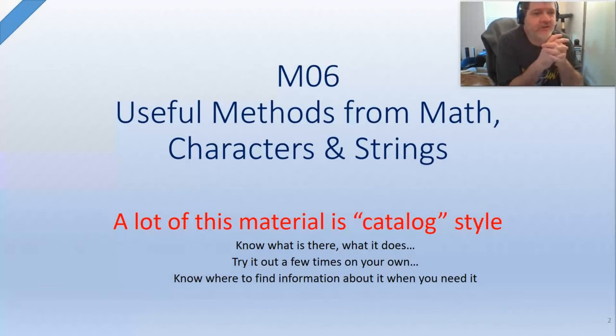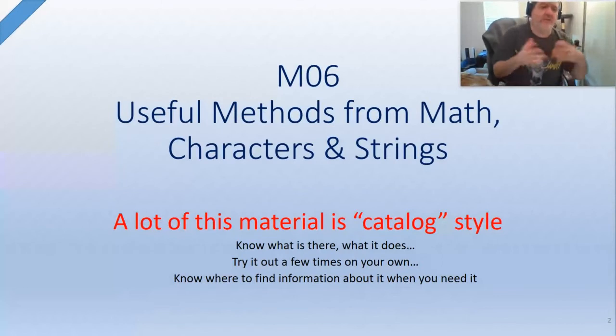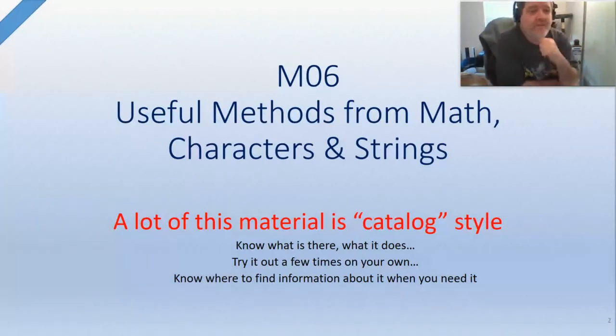What you need to know, for example, is that there is a way to convert a string that contains a number into an actual int value that represents that number, if it's an integer, right? So you need to remember that, and then remember what the name of the method is. And if you remember this, then as you need the method, you can look up real quick in the textbook the syntax, the documentation, what parameter it takes, what it returns.